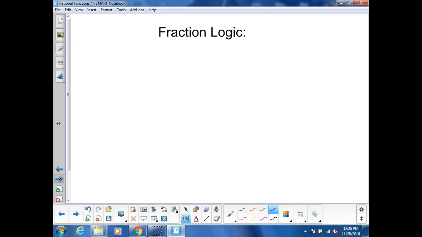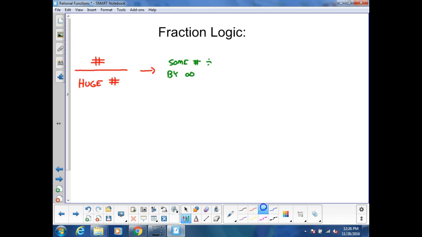So if I have what's called fraction logic, if I take some number, I don't care what that number is, and I divide it by a ginormously huge number, okay? So basically I'm taking some number and dividing it by infinity.